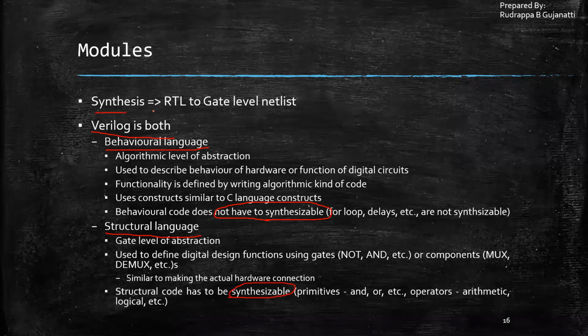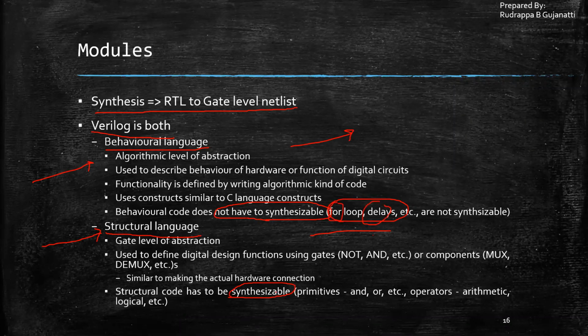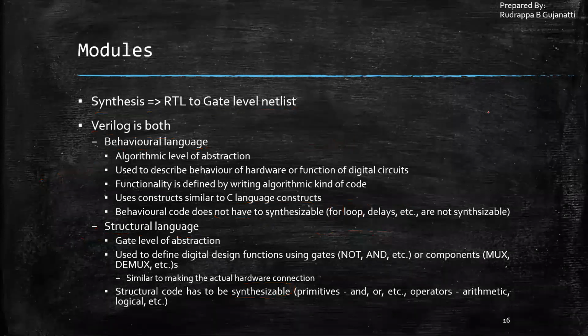So what does synthesis imply? If I give an RTL input to this, I'll be able to get the gate level netlist. But in the behavioral case, I'll not be able to get the gate level netlist because there are some constructs which cannot be synthesized, for example the for loop and the delays, some timing constraints. So it becomes difficult there.